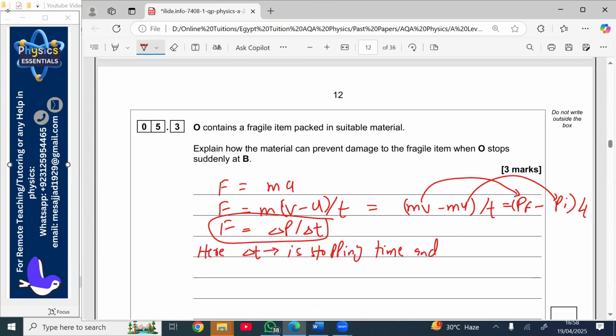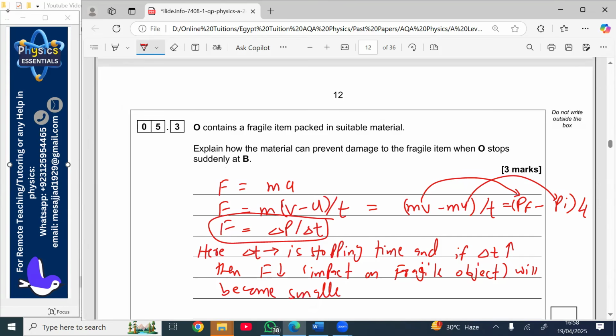And if I increase the stopping time, if stopping time delta T is increased, then the force impact on the fragile object will become smaller.